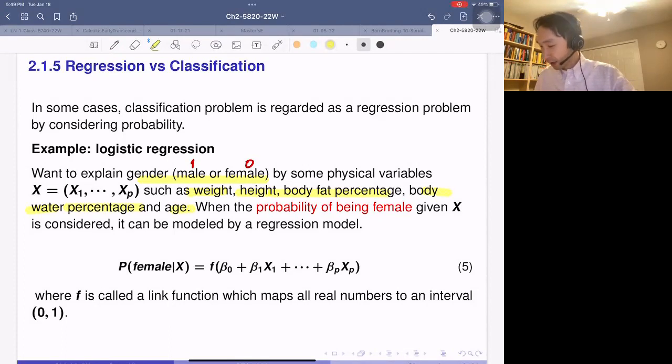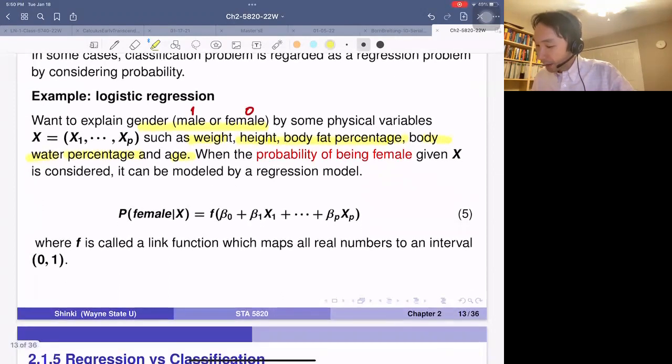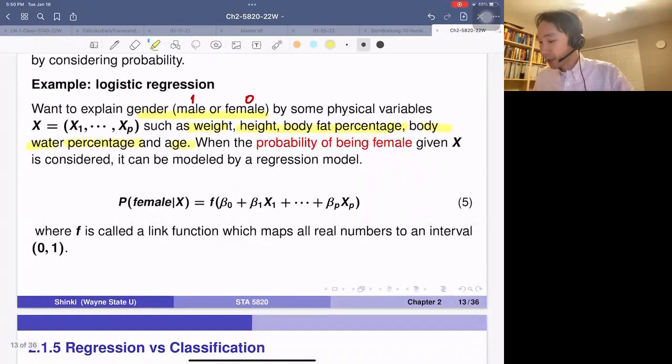And fat percentage has larger variability for both genders, but on average women have a higher body fat percentage, and height is probably slightly smaller and weight also smaller, but age also matters for these variables. For example, for Americans, the weight peaks at age 50 to 60 probably. And we have those findings.